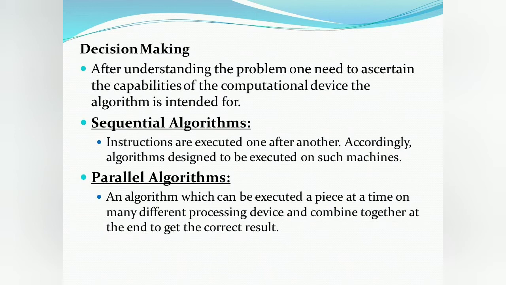Here the instructions are executed one after another, that is, one operation at a time. The algorithms designed to be executed on such machines are called sequential algorithms. An algorithm which has the capability of executing the operations concurrently is called a parallel algorithm. The RAM model does not support these parallel operations.